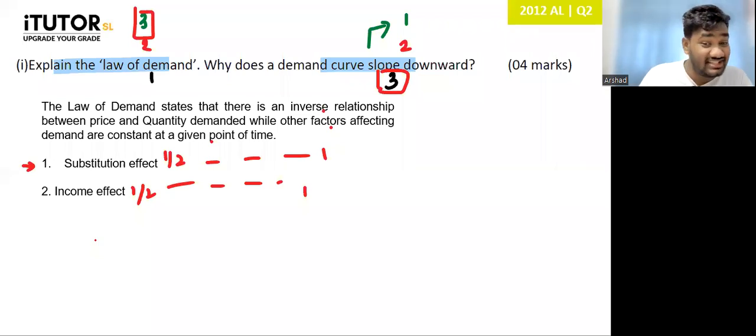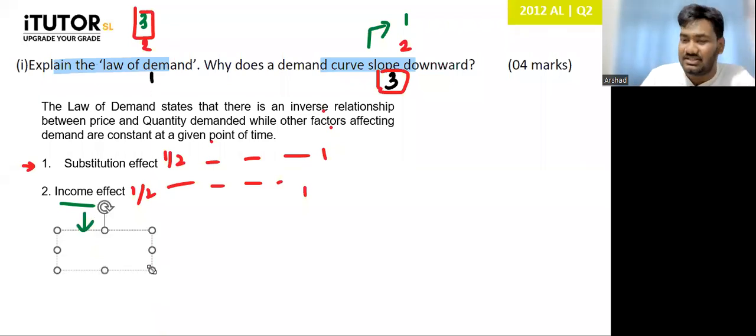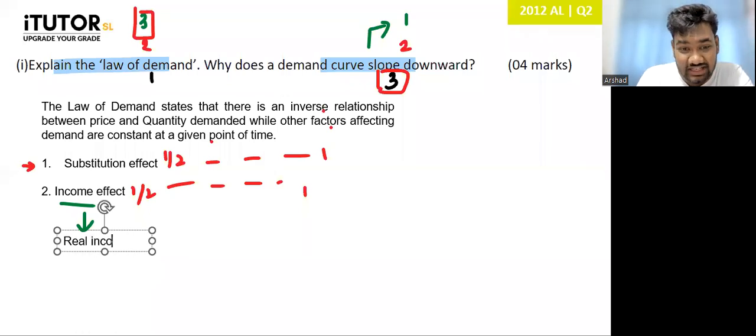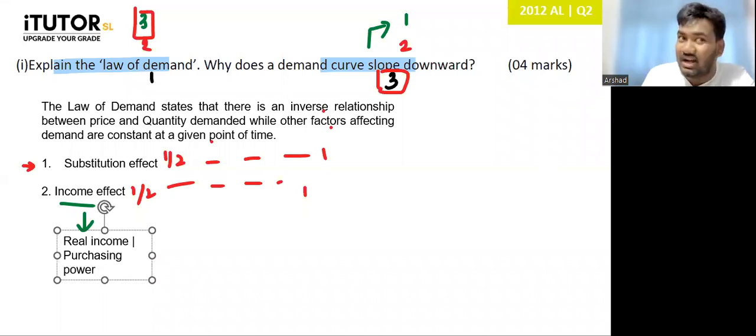What changes, guys? In the income effect, when the price of the good changes, what is changing? The real income is changing. Another name for real income is purchasing power. This is what is changing. Is the consumer's salary, or his nominal income, changing?